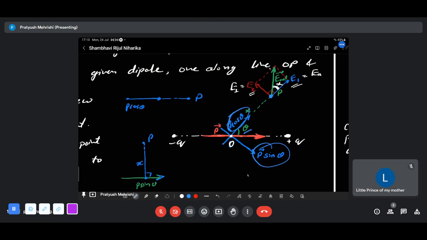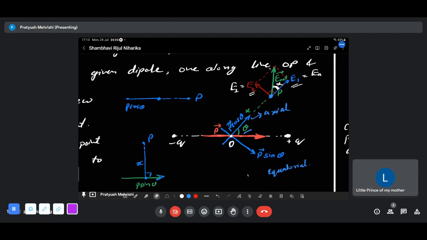P cos theta is now in which position? Equatorial position or axial position? It is now axial position, and this P sine theta is equatorial position. Got it?